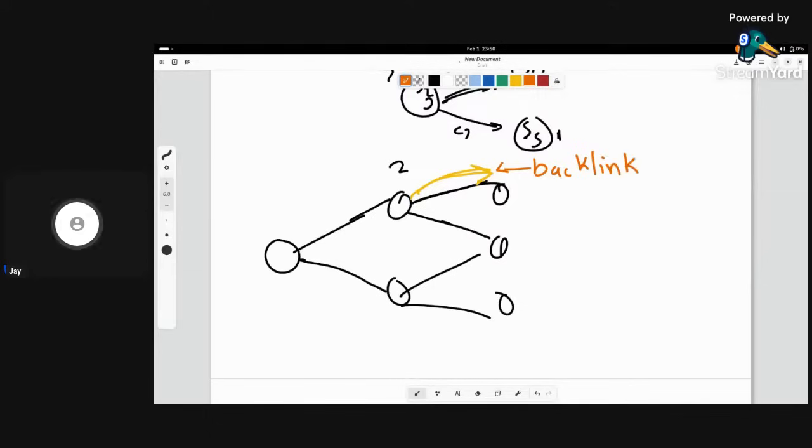So in DP, whenever you are making choices, whenever you have all these choices and the minimum of these is your value right now, we record which choice is giving us this value, and that allows us to have these backlinks.